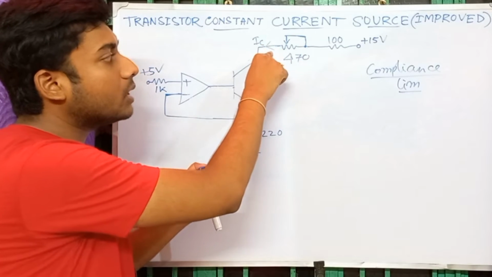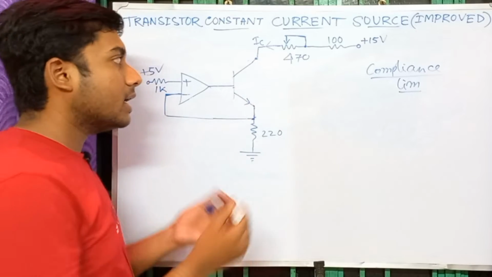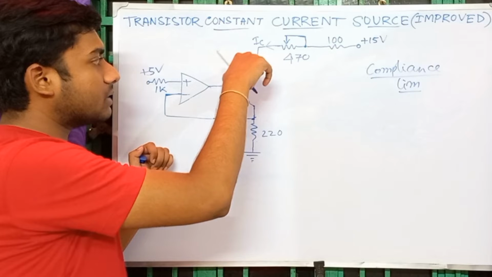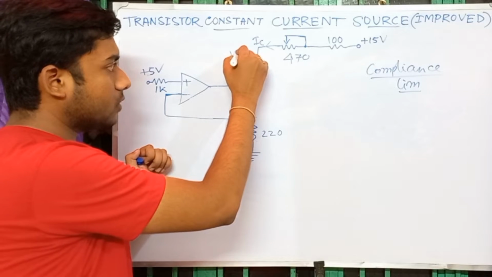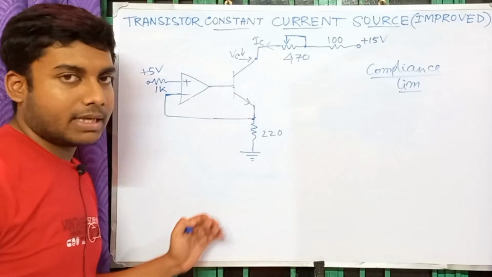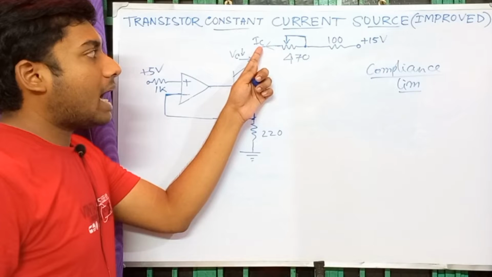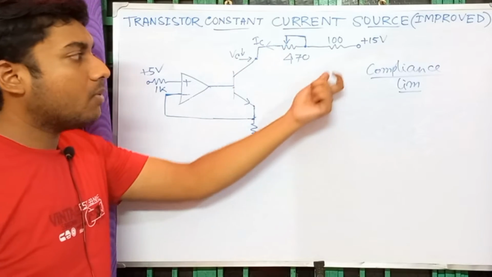The decrease in the current will be compensated by the transistor decreasing this voltage. So the VC voltage will be decreasing and that will compensate. As this is decreasing, the IC will increase, so that IC will remain constant within the compliance limit.